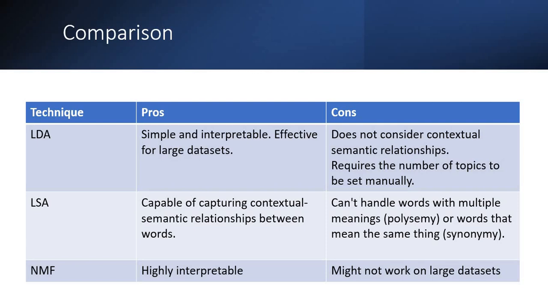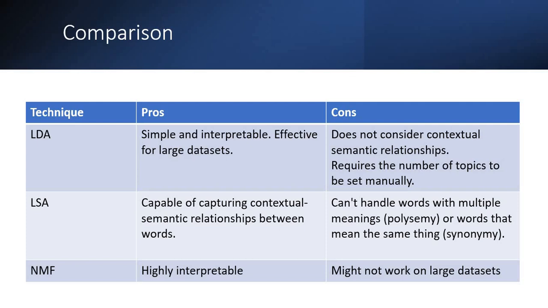Then we have LSA. LSA, unlike LDA, is capable of capturing contextual semantic relationships between words, which is really important in some contexts. But it cannot handle words with multiple meanings, that is polysemy, or words that mean the same thing, synonymy.